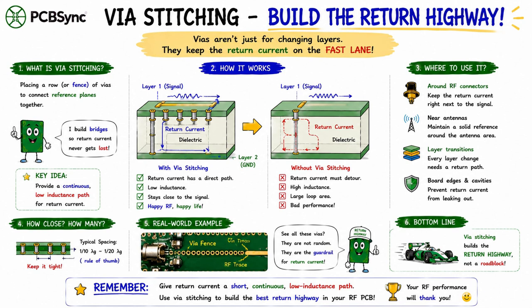These vias are built specifically for that. Without vias and fences, the return current has to recalculate its route. With vias and fences, the return current gets a green light all the way. So these vias aren't just for decoration, they're insurance. This is especially important near antennas and connectors. It's also crucial near layer transitions.